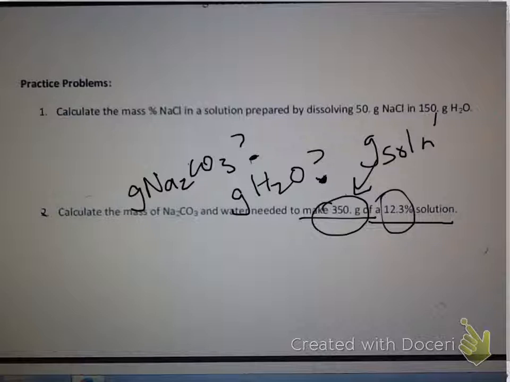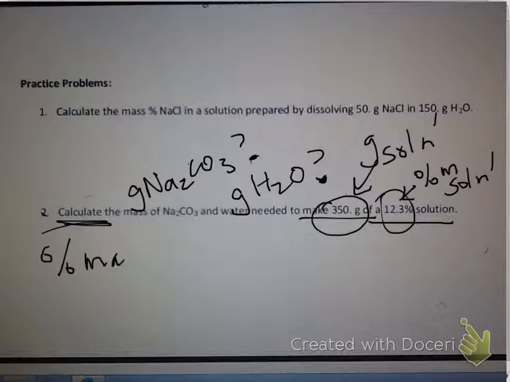What is this then? This is the mass percent of the solution, 12.3. Why is it important that I label all these things? Well, if we're going to do a calculation, we need the equation. So we need to know which of these concentration equations to use. Here, we know that we're given the mass percent, so we need the mass percent equation.